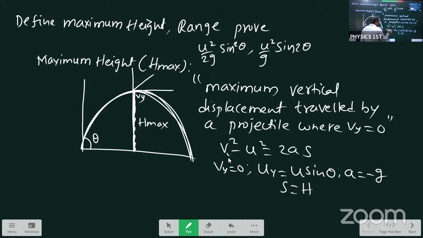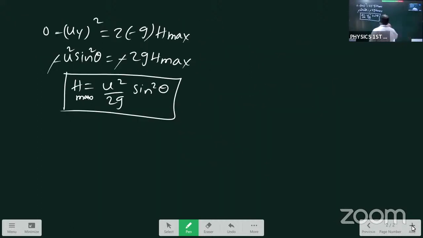Y component is u sin theta, a means minus g, s means h displacement. So you substitute all values: 0 minus uy, u sin theta whole square, equals 2 into minus g into h. Minus cancel, remaining h max equals u square by 2g sin square theta. This is maximum height.